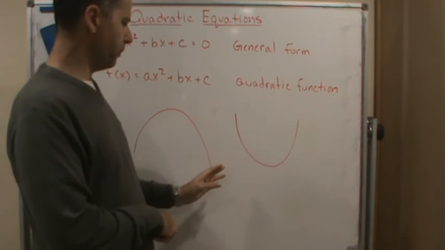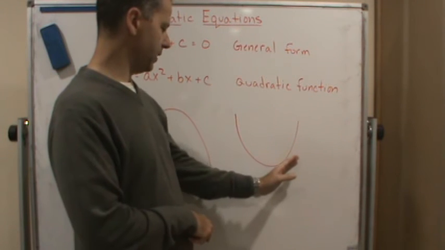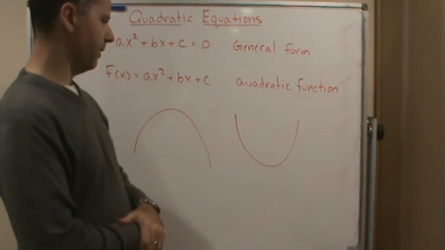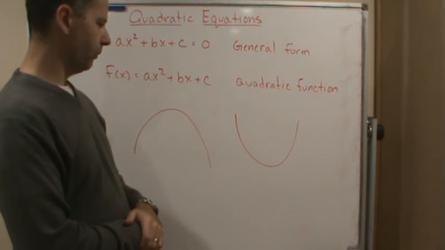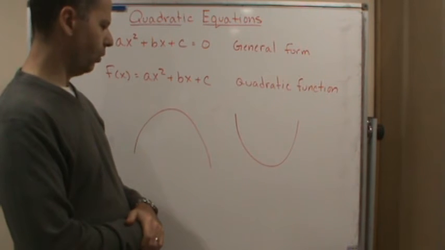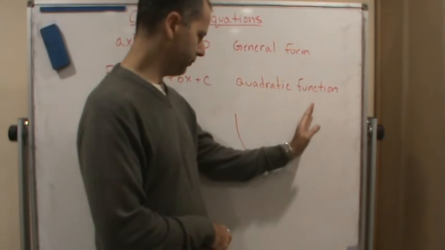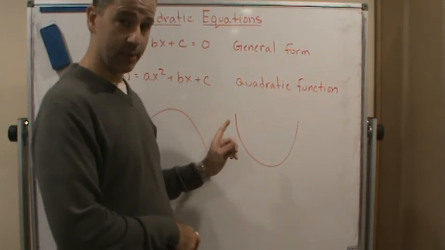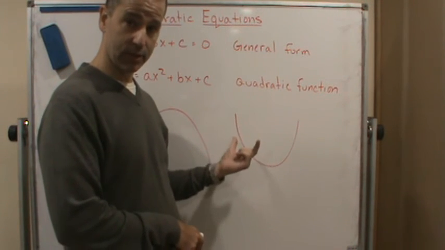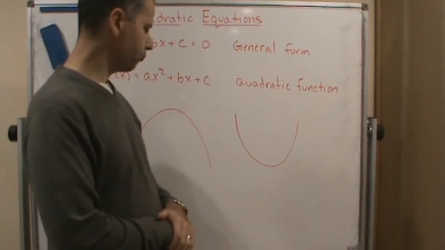In this case here, you might have a cost function where you're trying to minimize cost, or you're trying to minimize the area of a rectangle, or the volume of a box, so it'll have this type of curve depending on the dimensions of the box, or the dimensions of the garden.